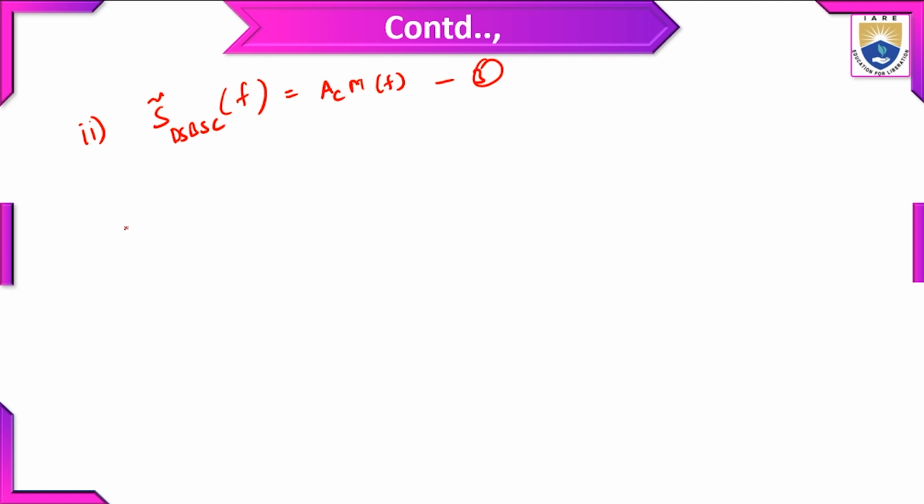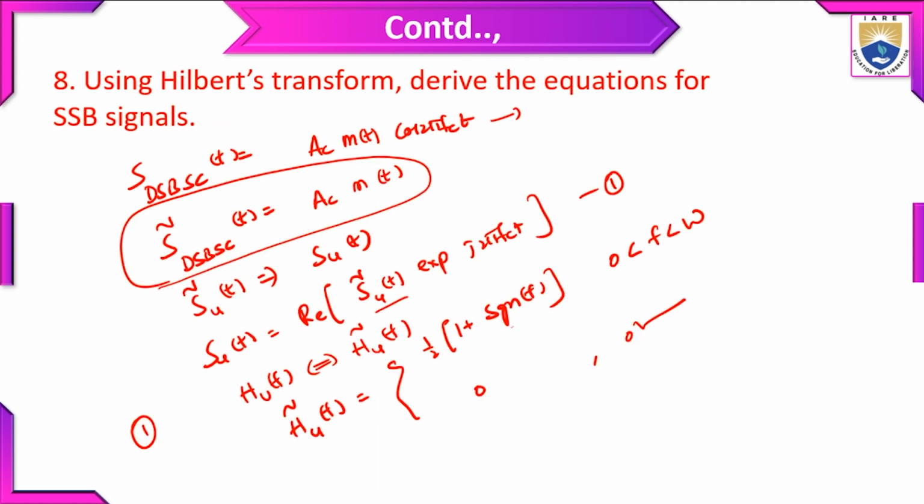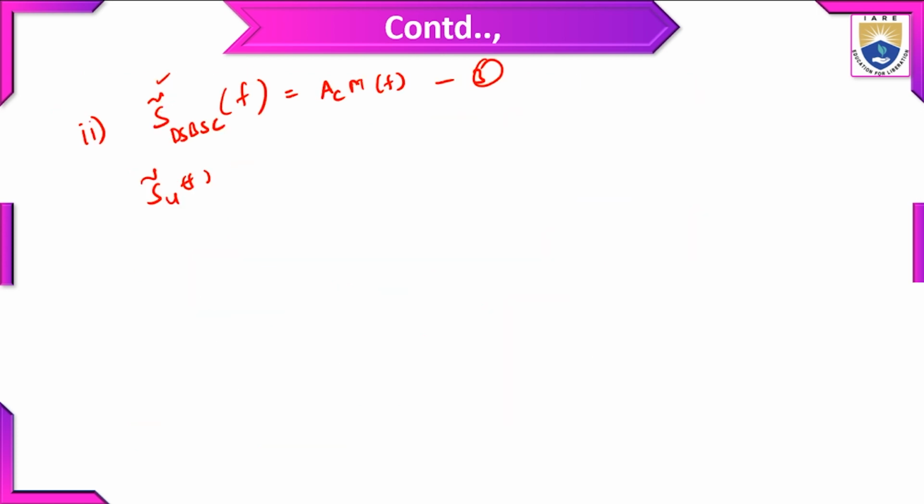Now the desired complex envelope S tilde U of F is determined by evaluating the IFT, the inverse Fourier transform, of the product of H tilde U of F and S tilde DSB SC of F. One is the transfer function with the signum function, and the other is the DSB SC spectrum.